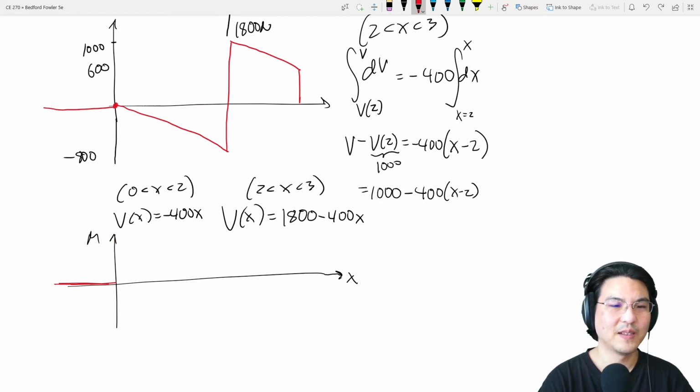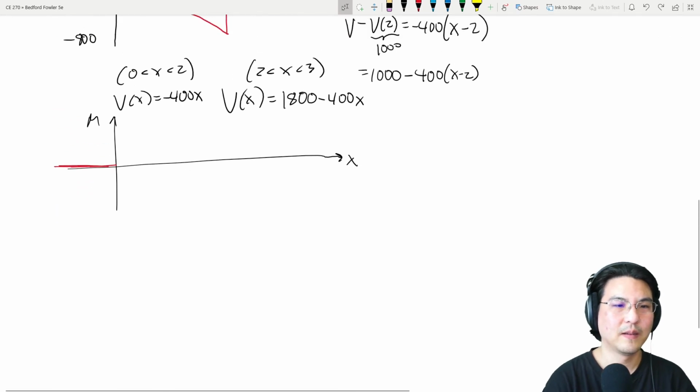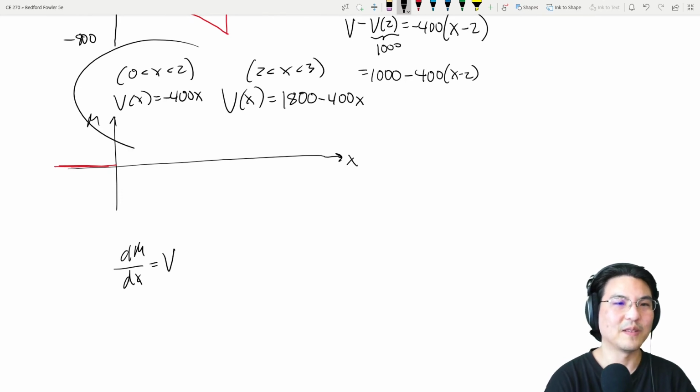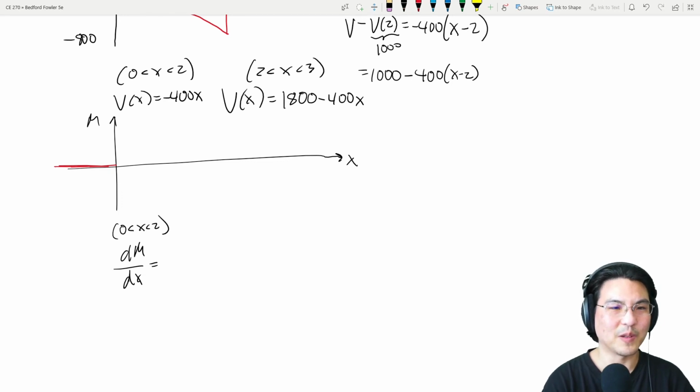And then what does that look like? dM/dx equals V. And between 0 and 2, it's minus 400x. So I'll just plug that in over here. Minus 400x.